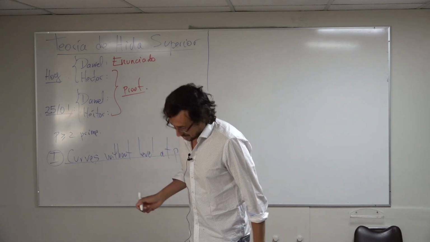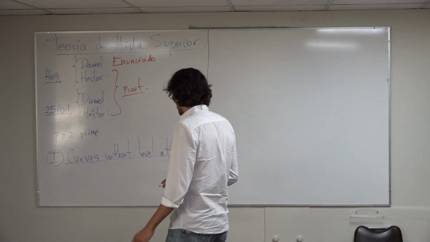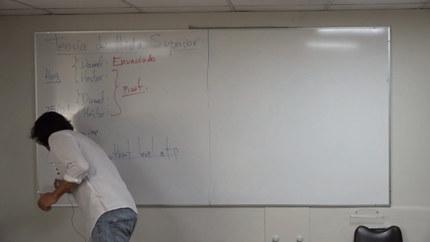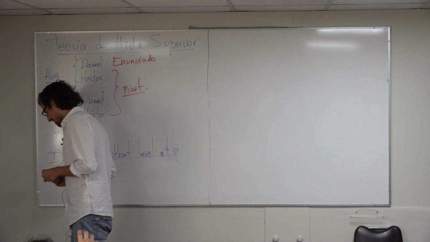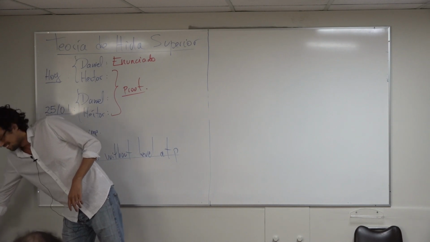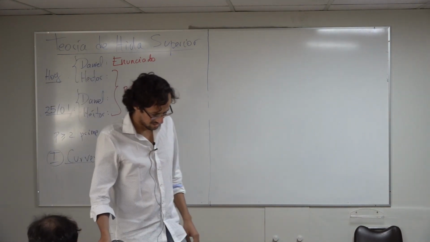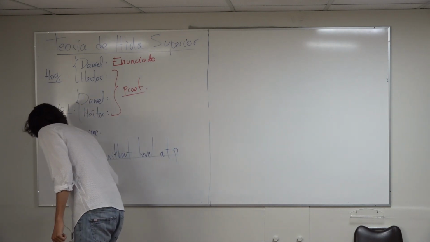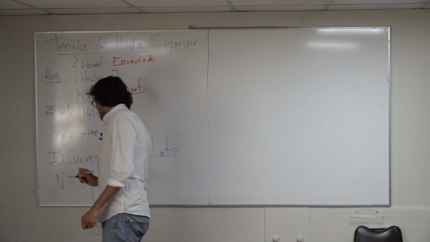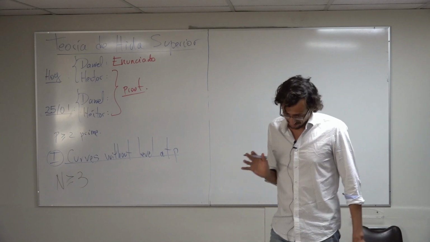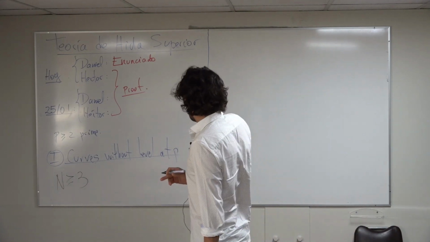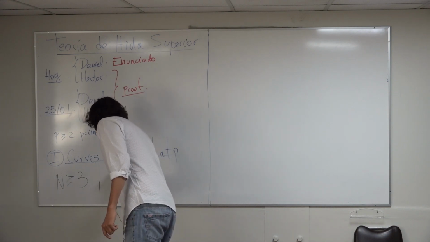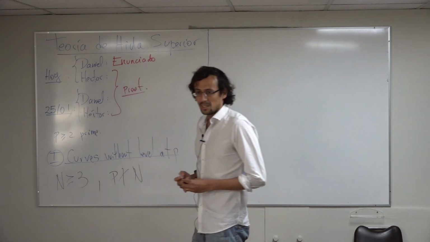As I told you, this was introduced more or less by Javier, but not completely, so let me be a little more precise. We fix an integer N bigger or equal than 3, and we suppose that p doesn't divide the level.